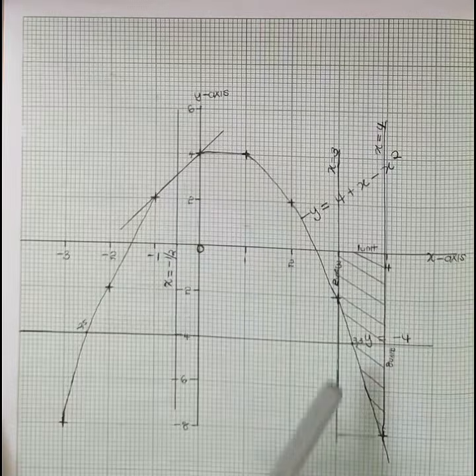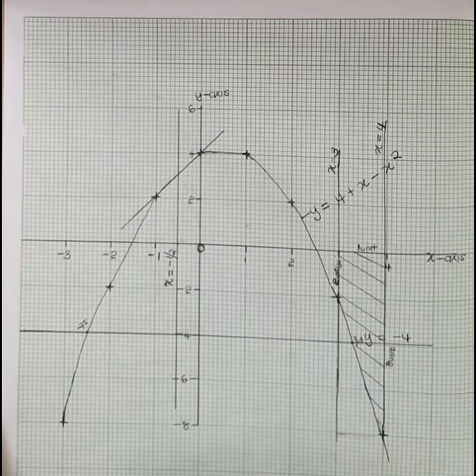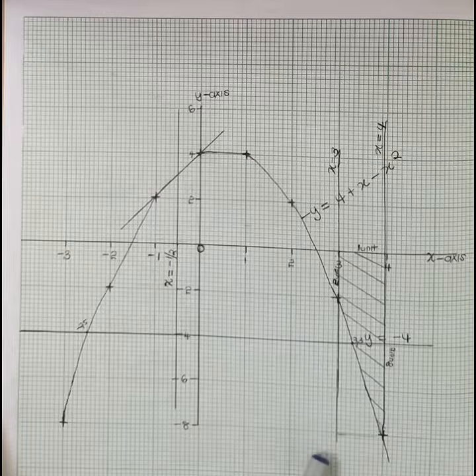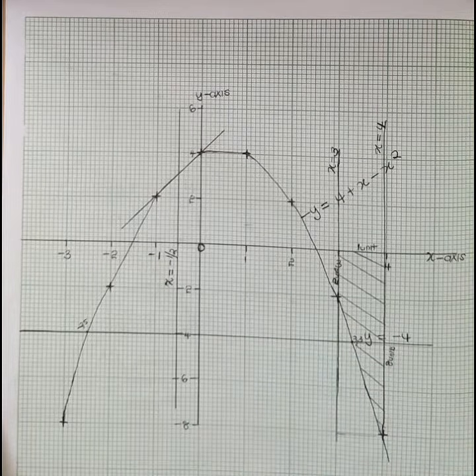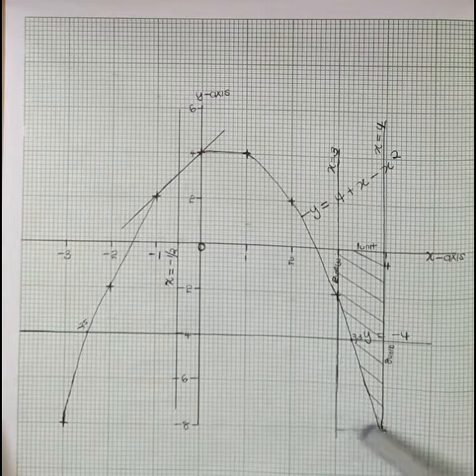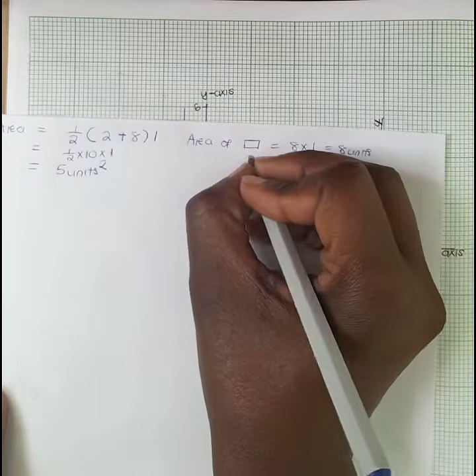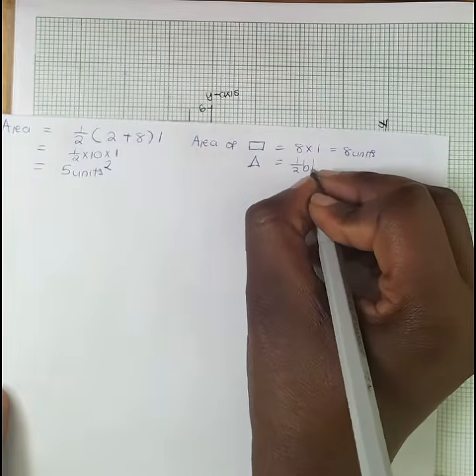And then this is roughly a triangle. So the height is going to be from -2 to -8, so it means that we are having 6 units here. And then our base is 1 unit. So we say area of triangle is equal to half base times height.